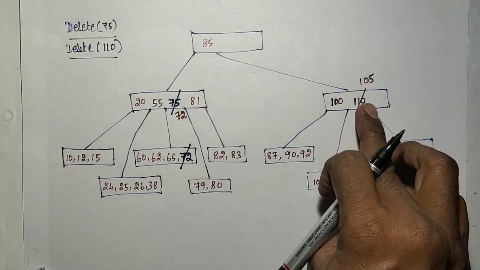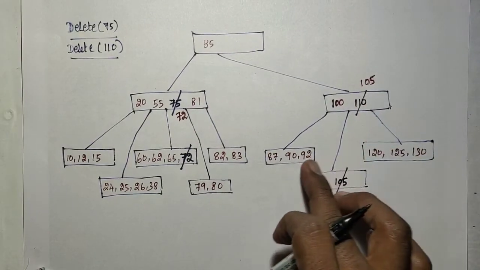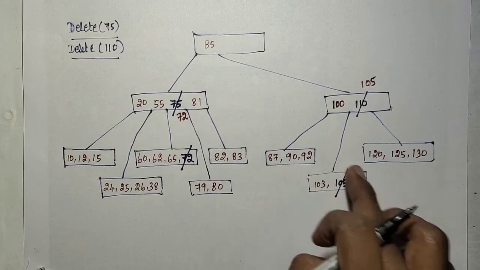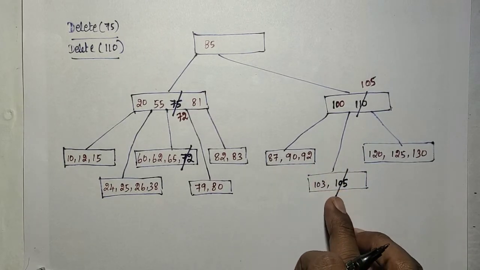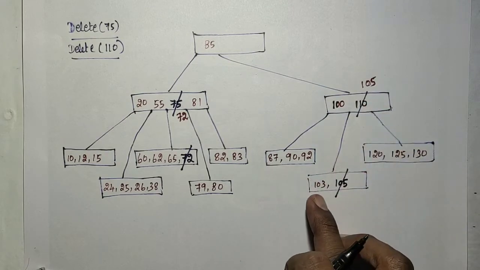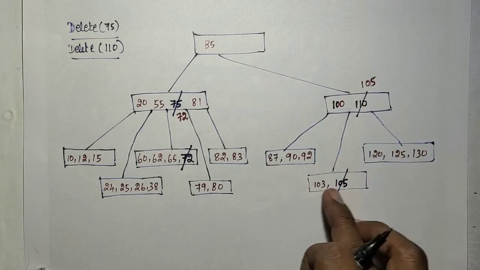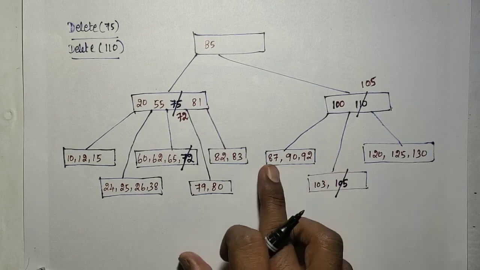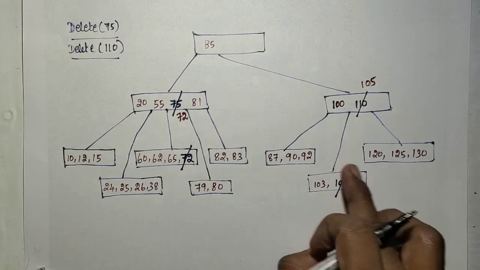So after replacing, we should not stop; we need to check whether that node goes underflow. Now this node goes underflow, because after moving the 105 to this position, we are having only one element, 103. So I need one element, either from the left or right, because this is a leaf node.